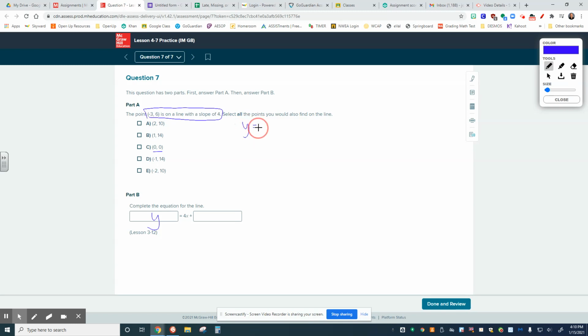The equation is y equals m times x plus b. That's our foundation for this. And what I have with me here is the slope m, but I also have values for x and y. So I actually have enough information to substitute into my equation to figure out what b is. I know that y is 6.